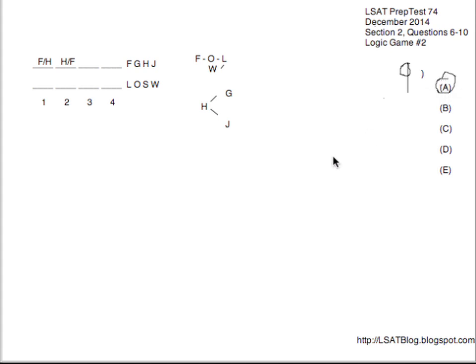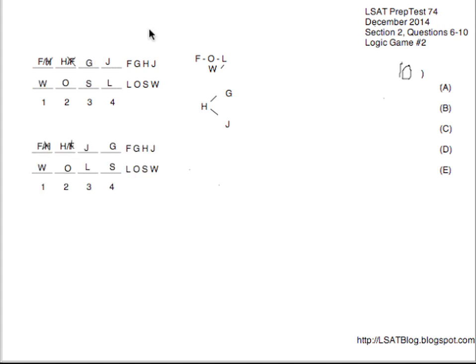Number 10, if G goes on S, what could be true? So GS would either happen on 3 or on 4, since there's no room for it to happen on 1 or 2, so I'll lay out those two different possibilities now. So putting GS on 3 or 4 actually determines everything pretty much.